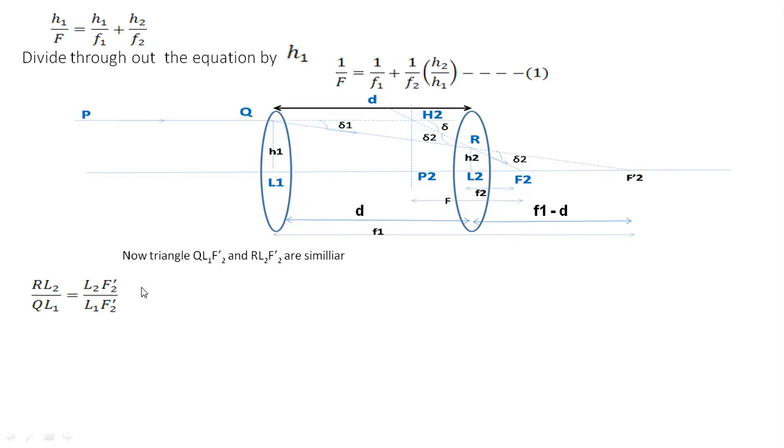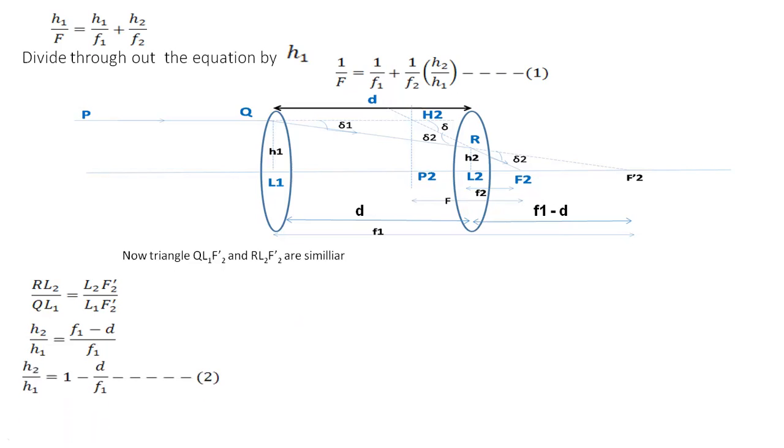Now substitute the values: RL2 is H2, QL1 is H1, L2F2' is F1 minus D, L1F2' is F1. Therefore, the equation becomes H2 by H1 is equal to F1 minus D divided by F1.